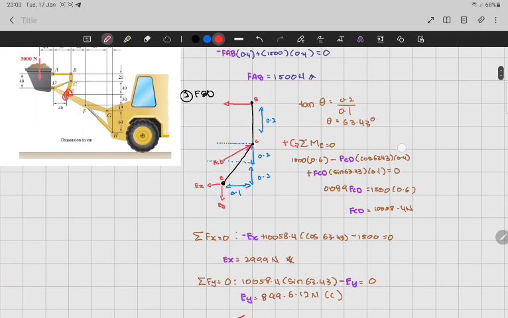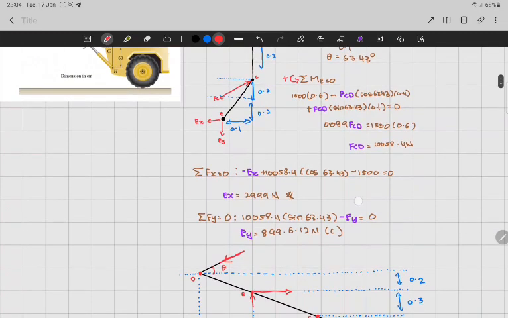Then summation of x is equal to 0. So negative EX is basically this side, plus the FCD we got over here. The force is 10,058.4 cos 63.43 minus 1500 Newton.